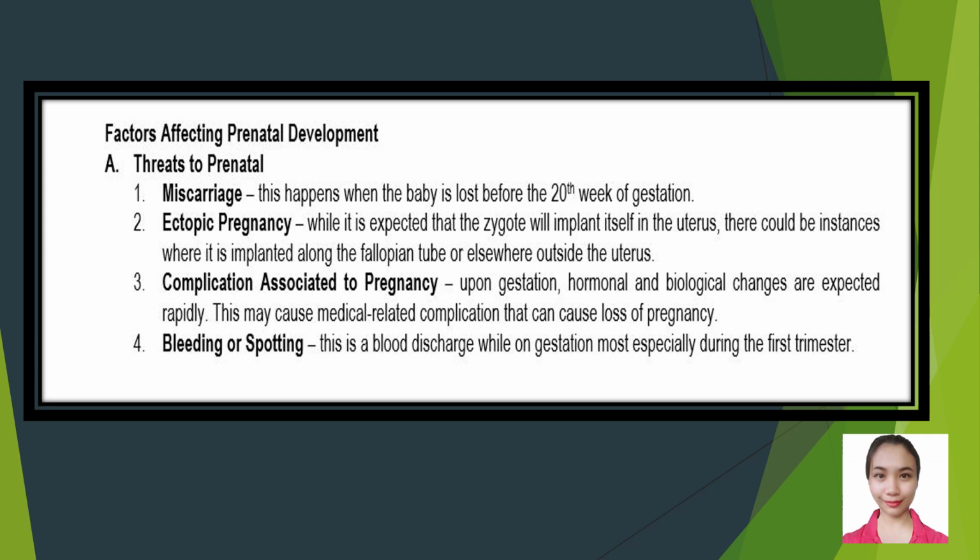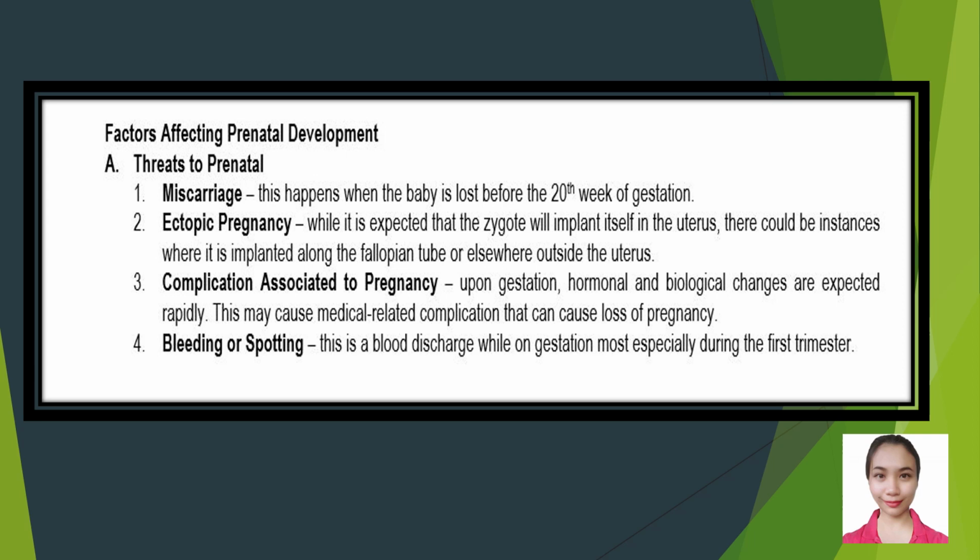So, there are different types of abortion. Number one is the complete abortion. All of the products or the tissue of conception leave the body. Next is incomplete abortion. So, only some of the products of conception leave the body. Next is inevitable abortion.